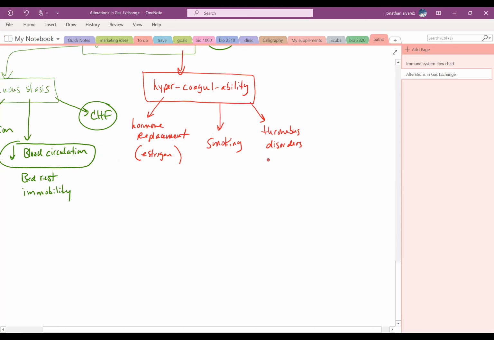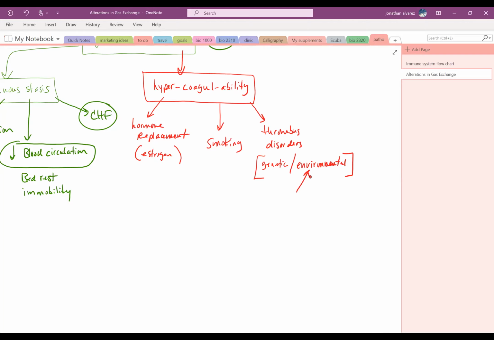And I'm going to put in here genetic or environmental. Environmental is my particular term for you kind of did it to yourself. You can't help the genetic stuff, but there's a lot of environmental things we can control.